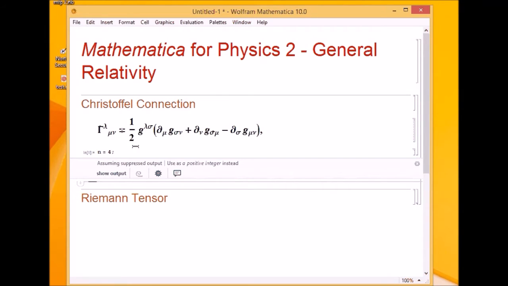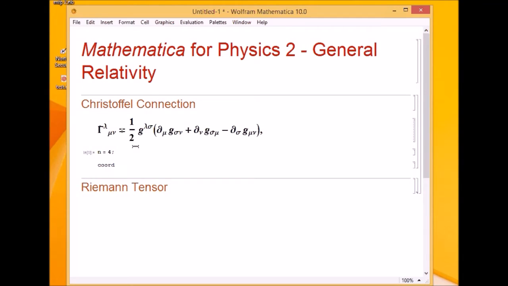Then I define my coordinates. It's just a list which consists of spherical coordinates r, theta and phi, and time. Notice that my time is at the 4th position, not the 1st. It's just a convention.